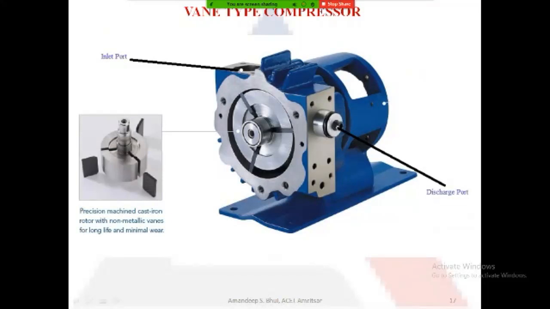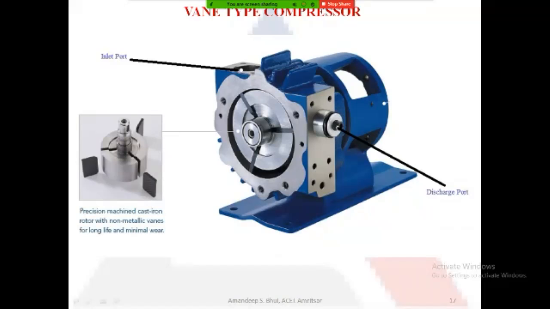This is because it has to accommodate a lesser volume of air, since the air has been compressed and its volume has decreased. But at the inlet port, we want to suck in the maximum amount of air so that it gets compressed. That's why the inlet port is larger and the discharge port is smaller. So this is the main reason of working.